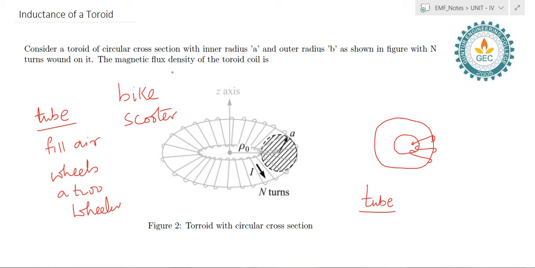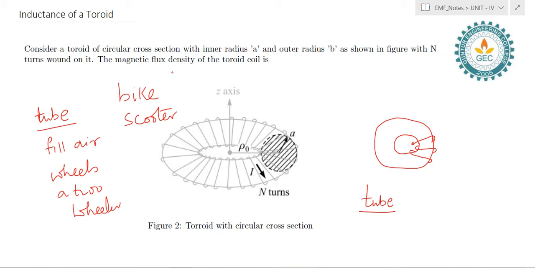So if a conductor can be wound over such kind of geometric configuration, we call it a toroid.